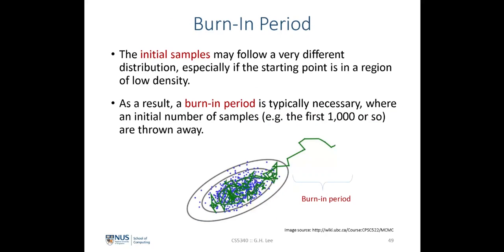So one important thing of the MCMC sampling algorithm is that we need to take note of the burn-in period. As noted earlier on, the initialization of the samples is based on any random selection of any samples in the whole state space. Suppose that this is our target distribution, and we will randomly select one random variable in the whole of the state space in order to represent this particular first sample.